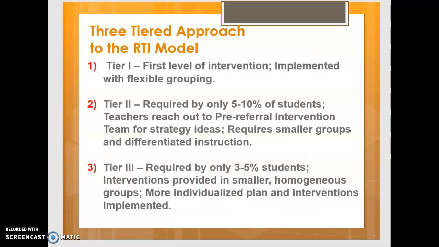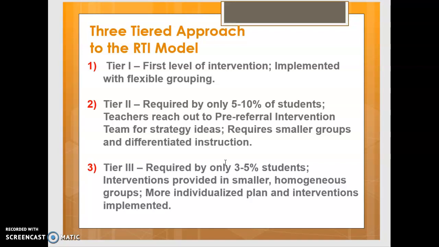All right, so just to spell it out again, tier 1, first level of intervention, is whole class, right? Everybody gets this. Tier 2, maybe about 5 to 10%. Think about that yellow on the graphic that I showed you a few minutes ago. Teachers reach out to a pre-referral intervention team. We used to have what was called a student assistance team. So if there was a 2nd grade teacher who was struggling with a group of students, she or he would bring the data and everything to the team meetings.